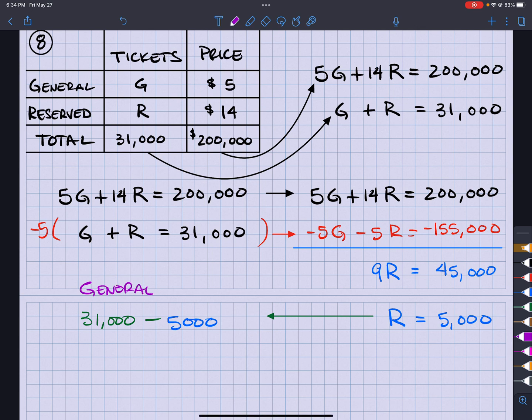So the general admission tickets would be 26,000 tickets. Because the 5,000 are reserved, the general must be 26,000. And that's going to be choice A.